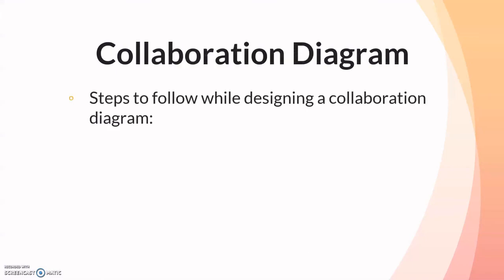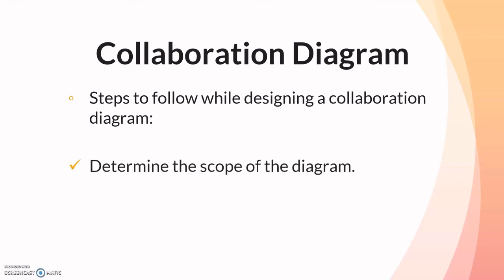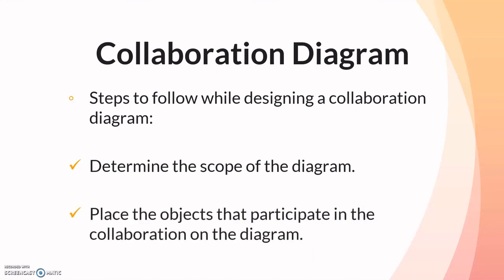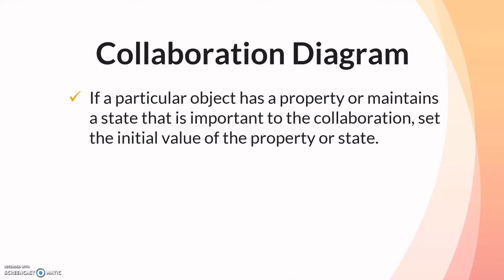First of all, we'll go through some steps which lead to drawing a collaboration diagram. Determine the scope of the diagram is the first step. Now, place the objects that participate in the collaboration on the diagram. Then, if a particular object has a property or maintains a state that is important to the collaboration, set the initial value of the property or state.